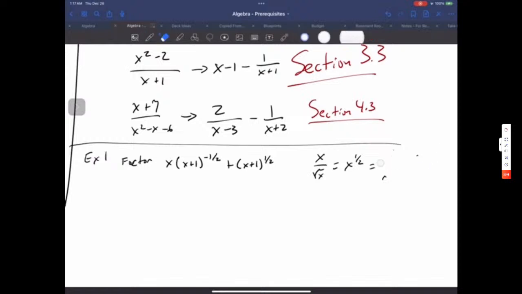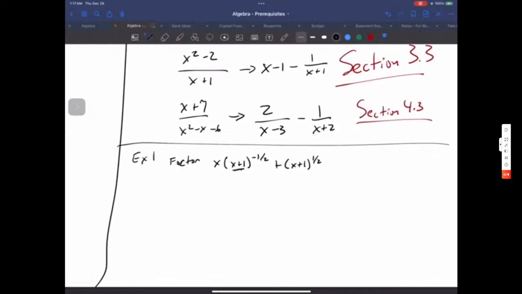So we have this whole big thing, x plus 1. Give me the eraser. And I'm going to call this guy y for now. So we have x times y to the negative 1/2, and we have y to the 1/2. So what I'm going to say is that I can take out a y to the negative 1/2 from this thing.